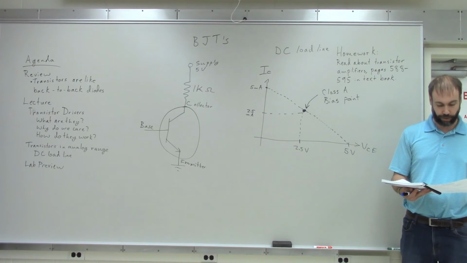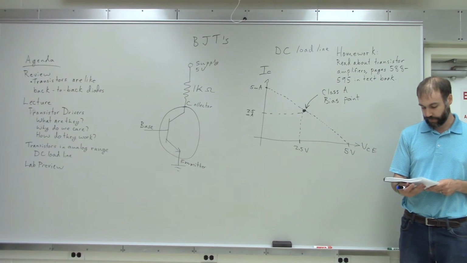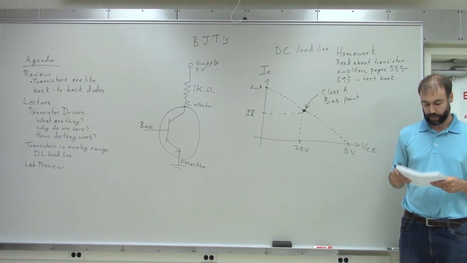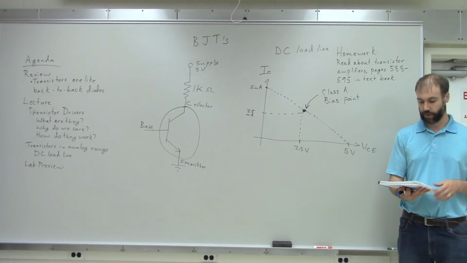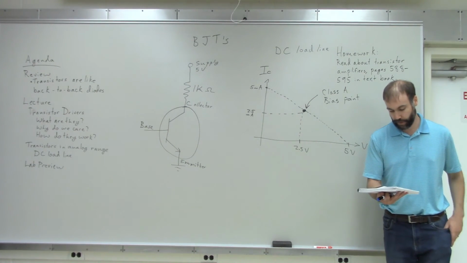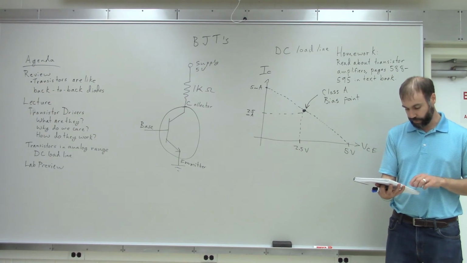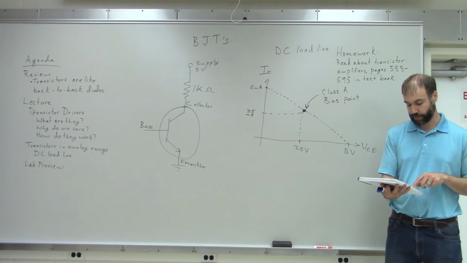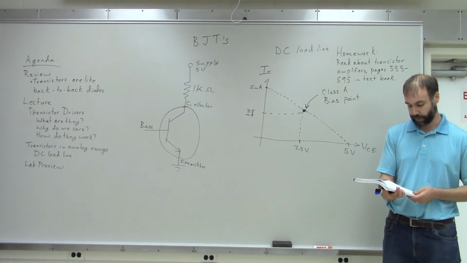For the second part, you're going to do essentially the same thing, but you're going to have the resistor hooked up to a square wave generator, so you can make the light flash on and off. You're going to do the same type of circuit in part 3, but you're going to use a PNP transistor instead of an NPN.